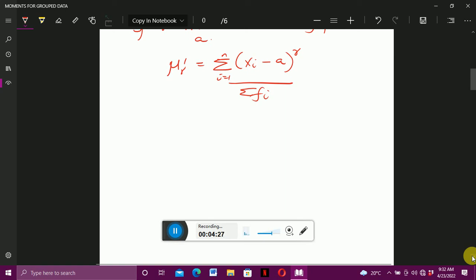Now you remember, in statistics we deal with large sets of data, and most of the time we want to make the data smaller using a coding method.